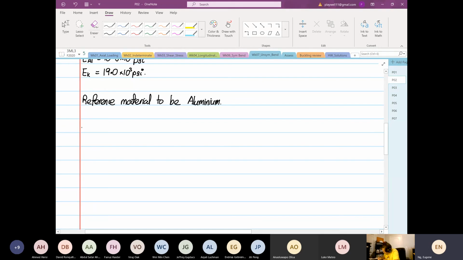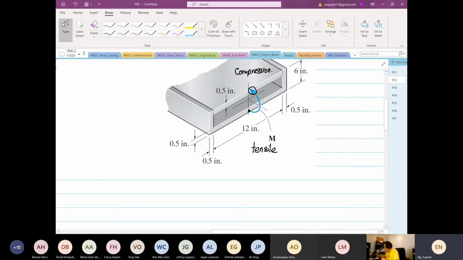So we know the n, before we do anything. What we are trying to achieve down here is to find the second moment of area, I. Before we do I, I'm going to draw our transformation. Transformation is important.